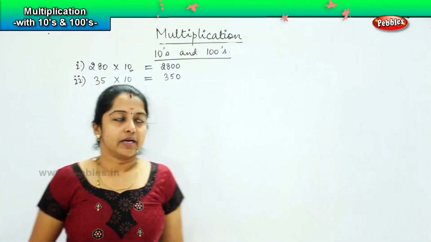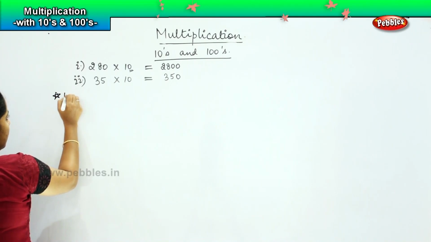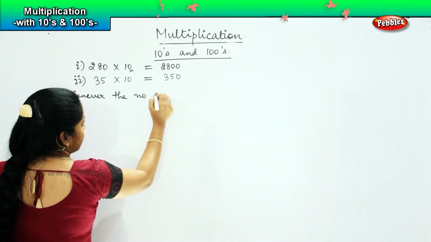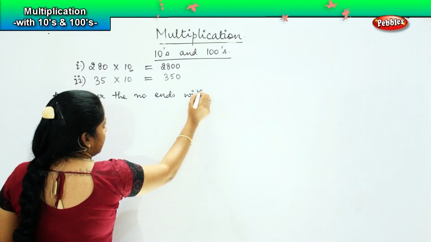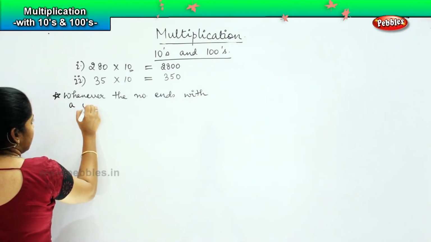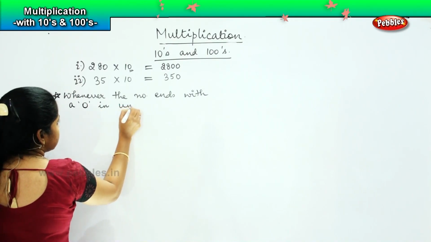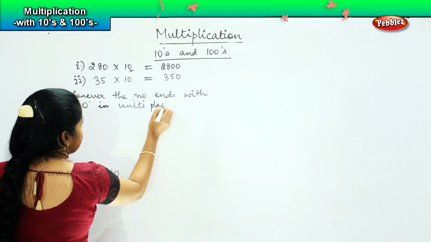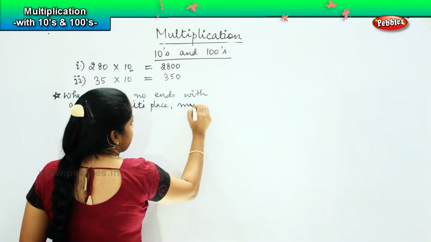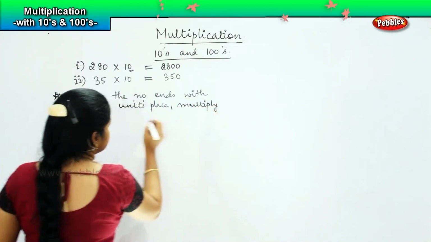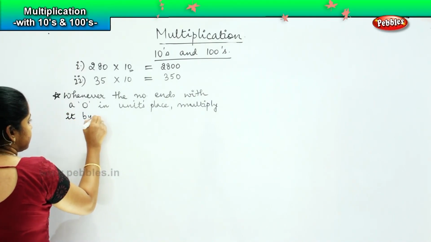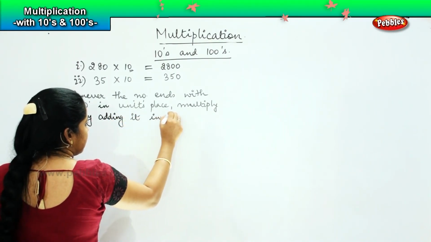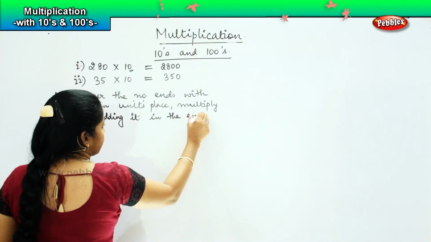Fine. So what is the rule here is, we can say that whenever the number ends with a 0 in units place, multiply it by adding it in the end.